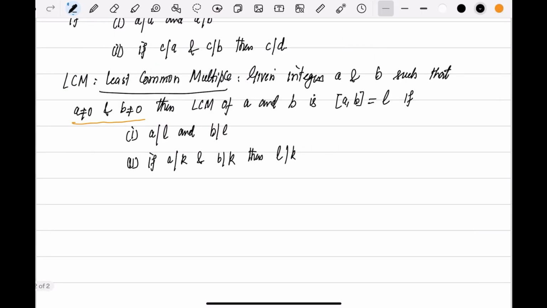Now let's try to formulate how we calculate this GCD and LCM. So, calculation of GCD and LCM. We have the formulas like this.